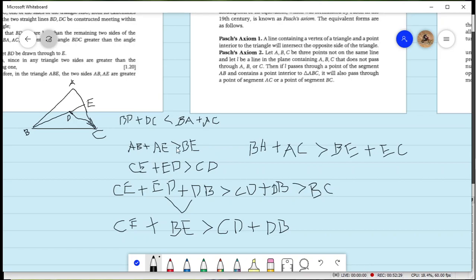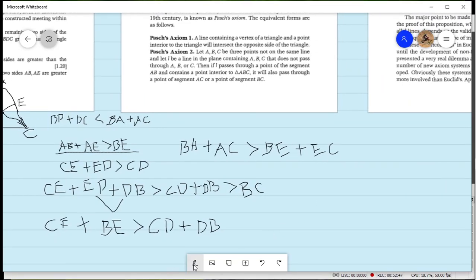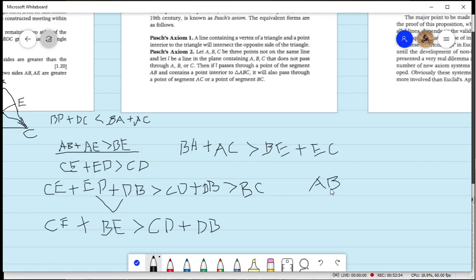On the other hand, for the inequality AB plus AE is greater than BE, if we add both sides by EC, it will become AB plus AE plus EC would be greater than BE plus EC.